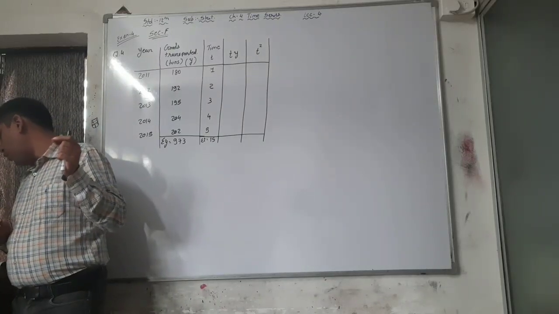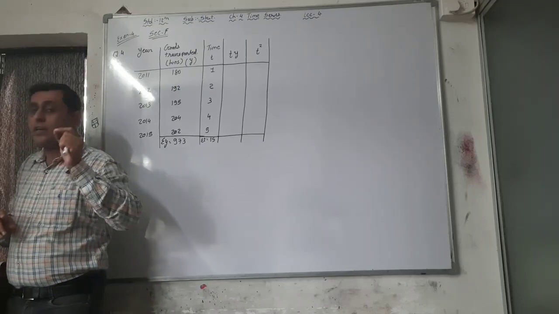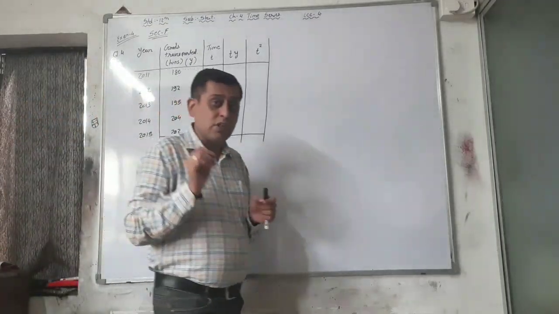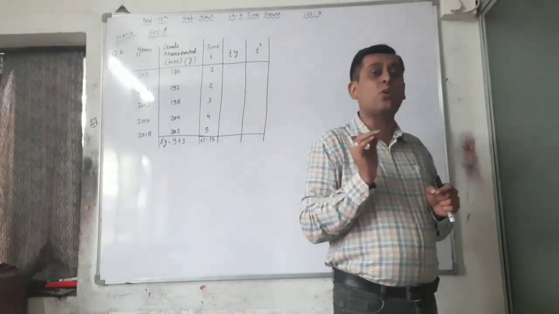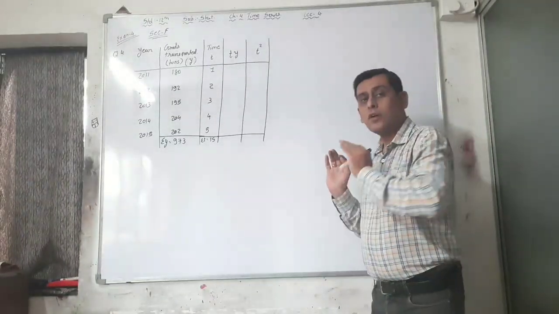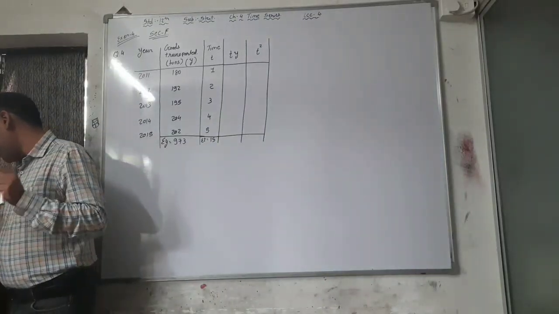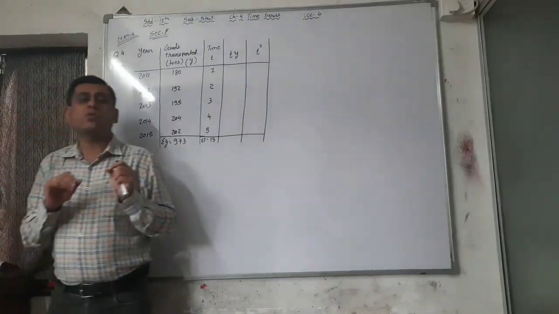Find the estimate for each year by fitting a linear equation and represent it by a graph. See, in this question a graph is also asked. That's why we have to skip half a page for the graph. And the third question, also find the estimate for the year 2016.